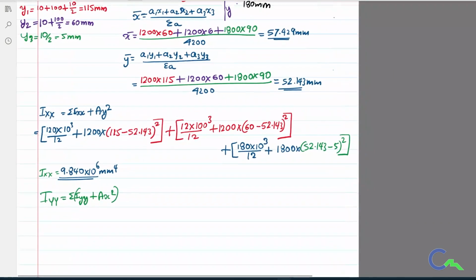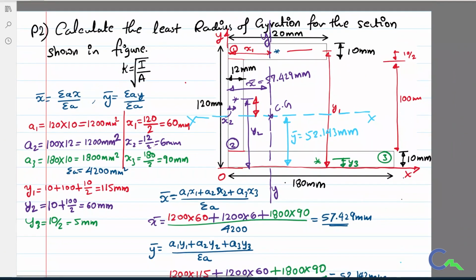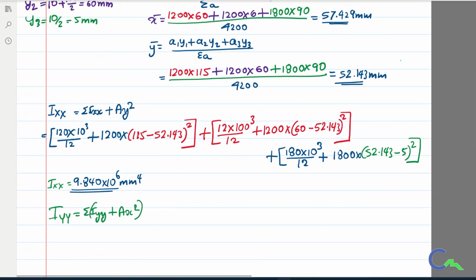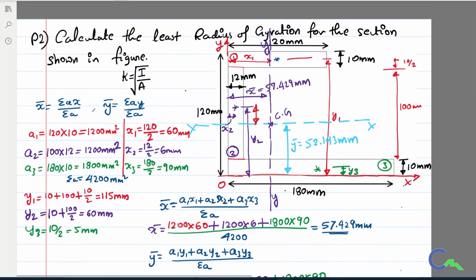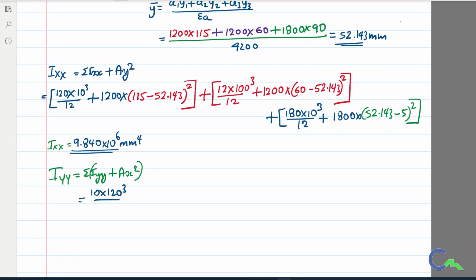So I will start one by one. For the first figure, that is db cube by 12, where d is 10 mm and b is 120 mm. So 10 into 120 cube divided by 12 plus the area, we know that is 1200, A1, into the distance.